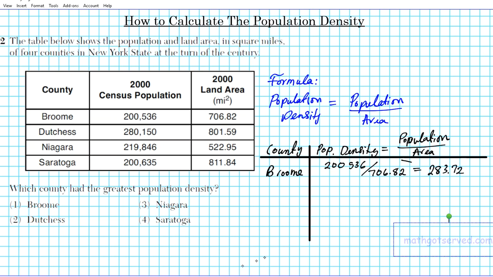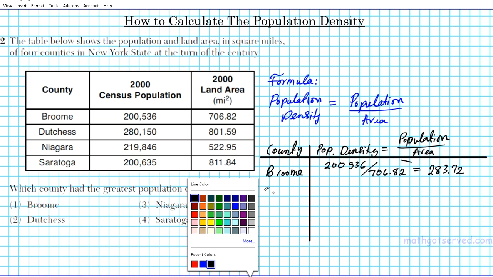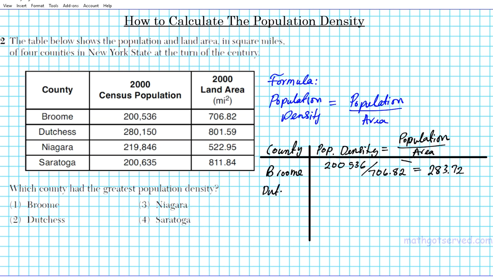283.72. Alright, next we're going to calculate the population density of the next location, which is Dutchess. Write that down. For Dutchess, we have the population 280,150 divided by 801.59. Let's calculate that.